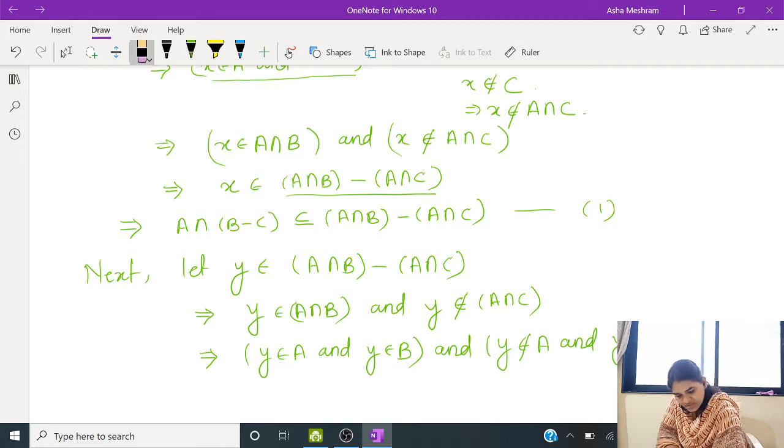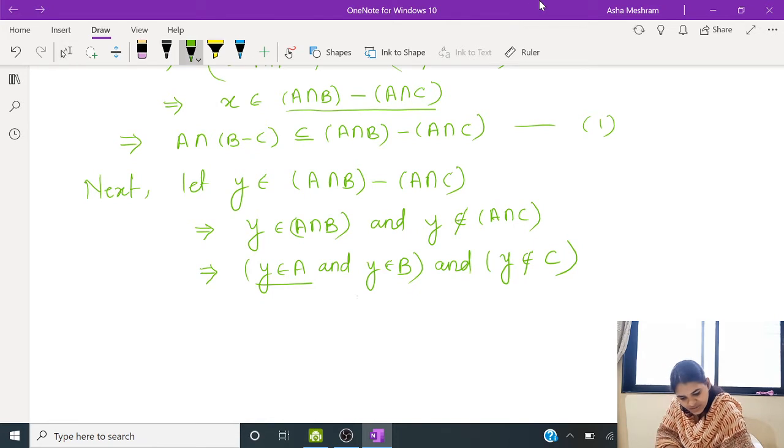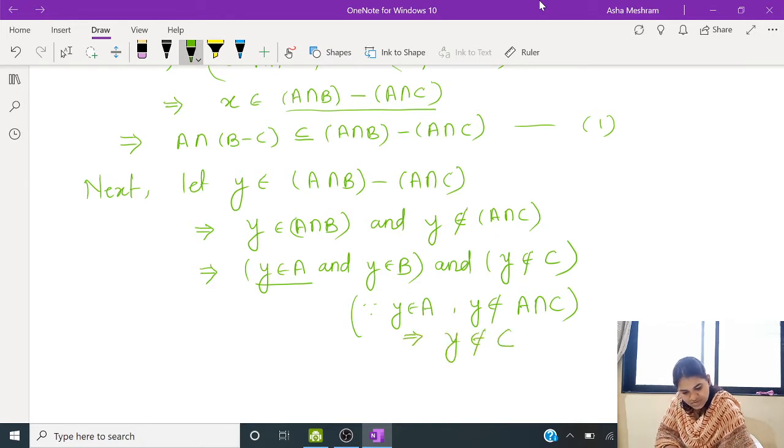We will consider here only this because already we have taken that. Y belongs to A. So if the element is not in the intersection, let me explain, because Y belongs to A and Y does not belong to A intersection C, this must imply that Y does not belong to C.